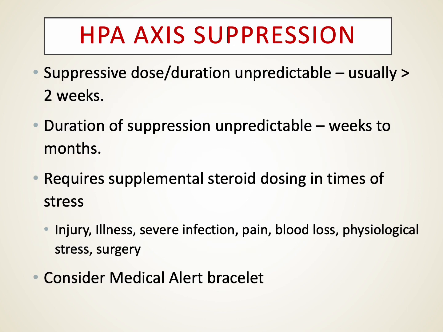So as we think about HPA suppression, you want to think about it being a risk for patients who are on prednisone for usually more than 2 weeks, particularly doses above 5 or 10 milligrams a day of prednisone.